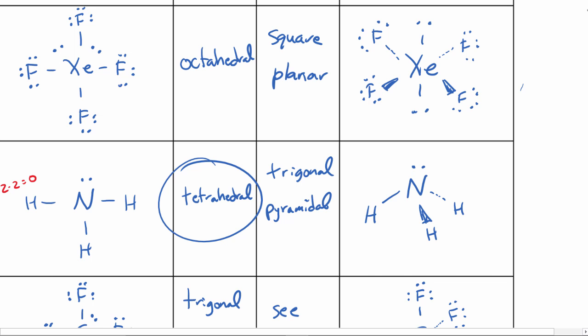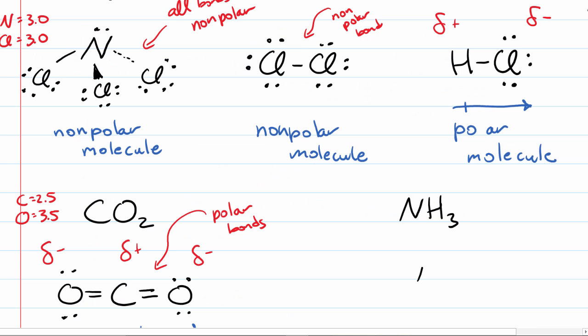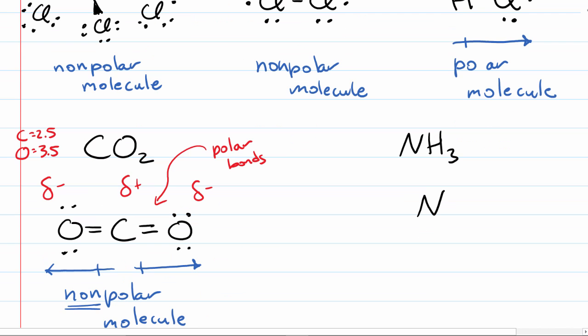If you look at the NH3, how many pairs are on the central atom? There's 4. And so again, if we build it, we'll show the nitrogen going down to the hydrogen here. We have kind of a wedge out to the hydrogen. We have a dotted line back to the hydrogen back here, and the lone pair.